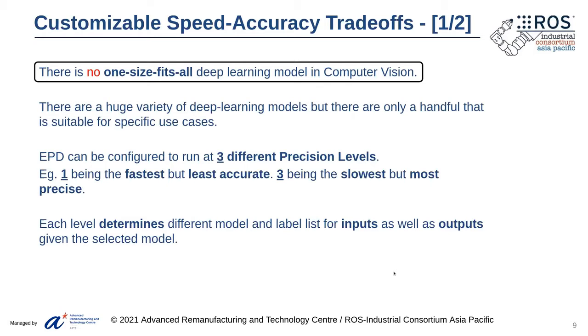And then on the other hand, you have models that are extremely accurate, but they are slow and clunky. So it depends on what use case you need. Do you need speed? Do you need accuracy? And the flexibility is there. You can select it. And I'm going to show you how you can select it very shortly as well.